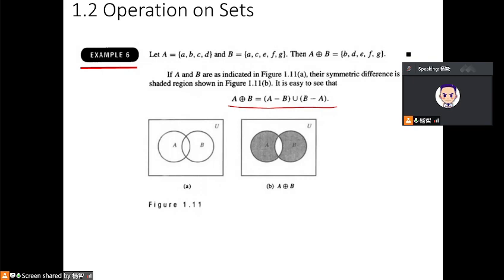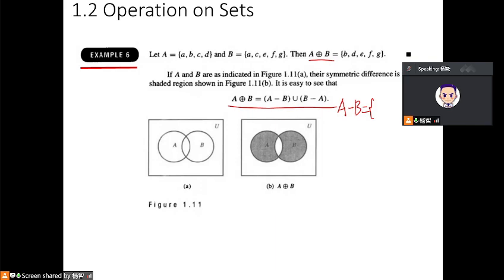Let A equal {A, B, C, D}, B equal {A, C, E, F, G}. And the symmetric difference between A and B is {B, D, E, F, G}. First we can calculate A minus B. Who can tell me the result of A minus B?